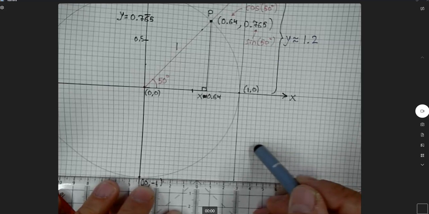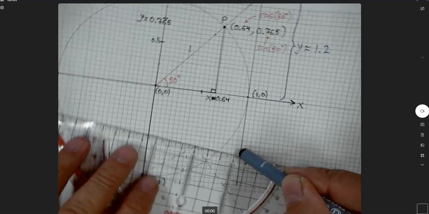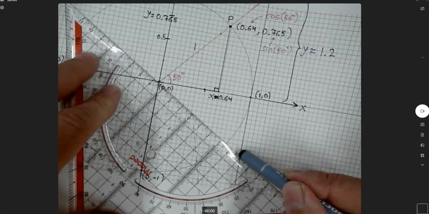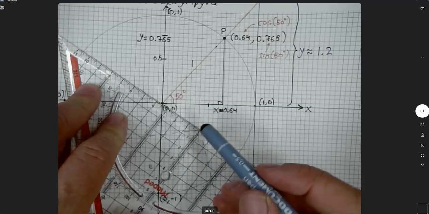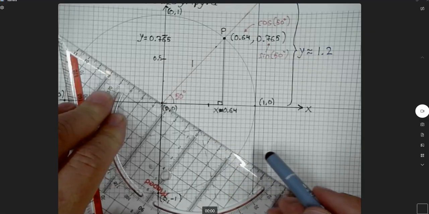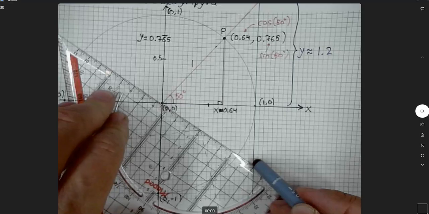And that means that the angle would be like this. This angle will give us a tangent value of about minus 0.6.